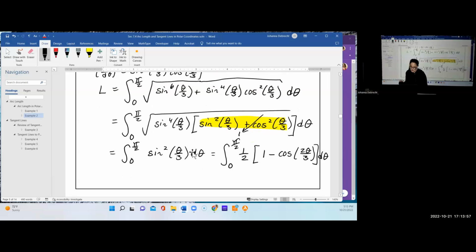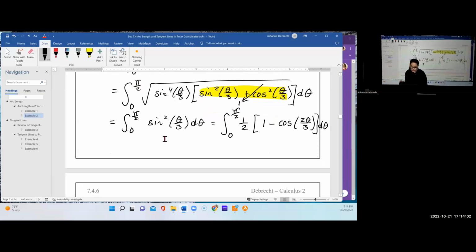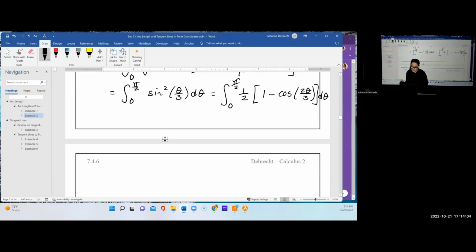The next thing that we want to do is split this into 2 separate integrals. The first one will be able to be evaluated right away. The second one will need u substitution. So this is going to give me the integral from 0 to pi over 2 of 1/2 d theta.